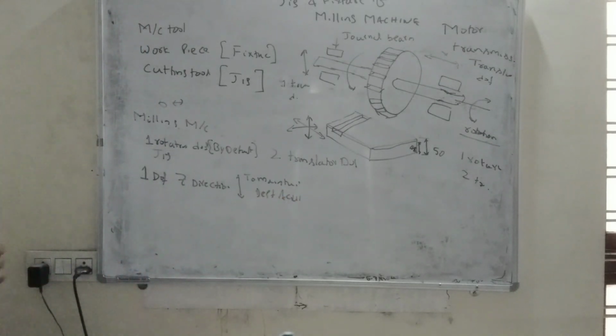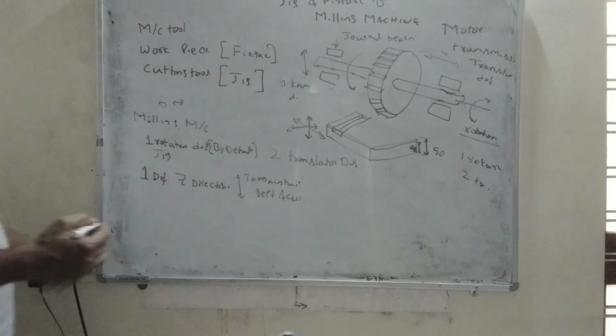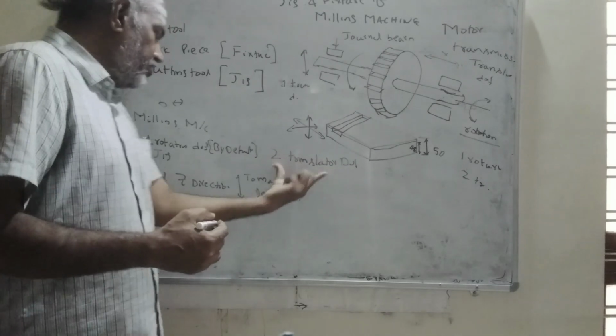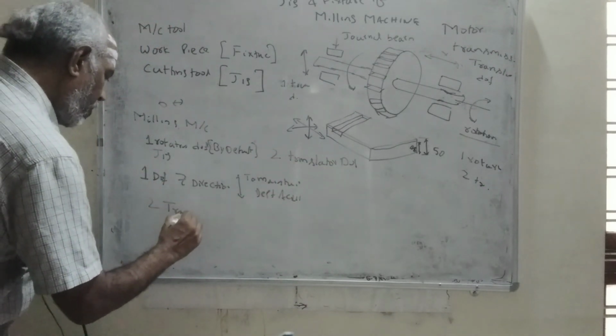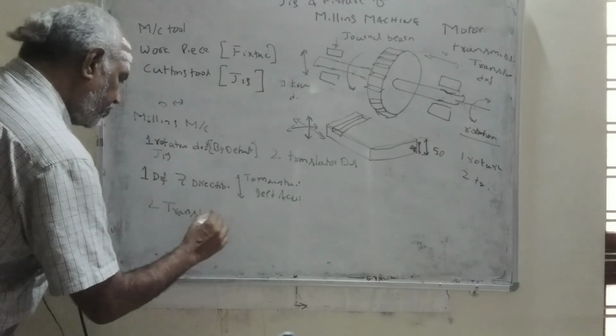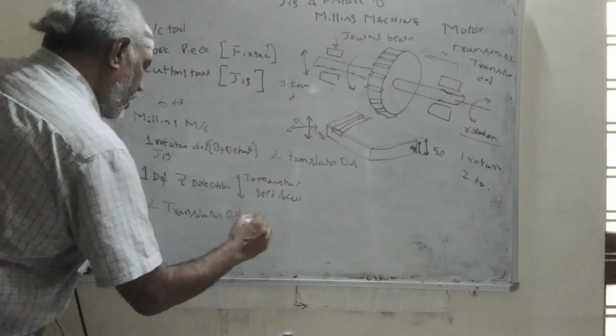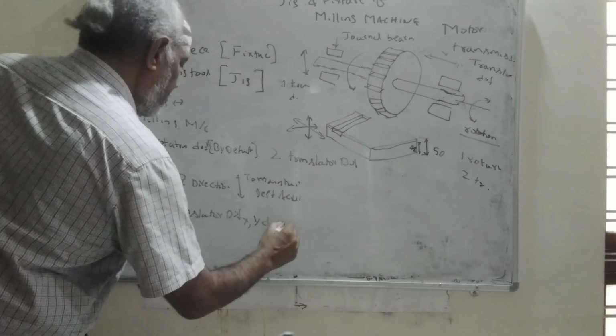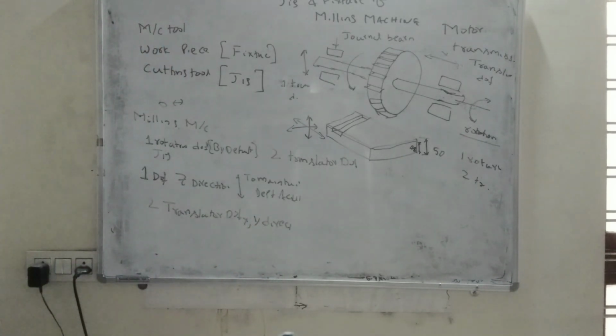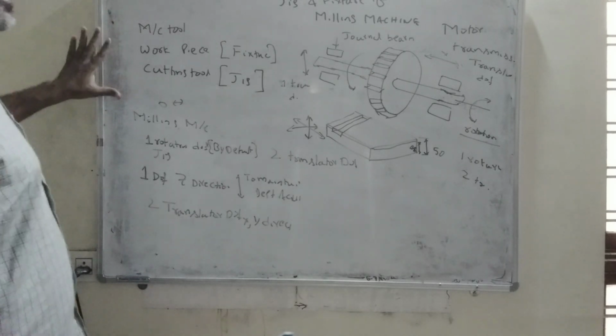If you are not providing two translatory degrees of freedom to the jig, you have to provide two translatory degrees of freedom in the x and y directions to the fixture. So this is all about the jig and fixture in the milling machine.